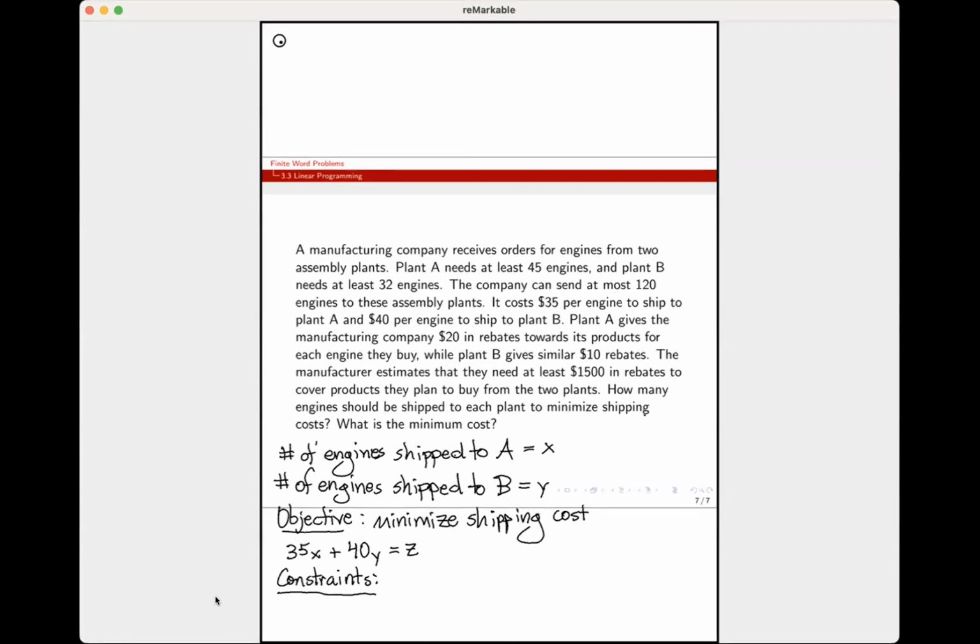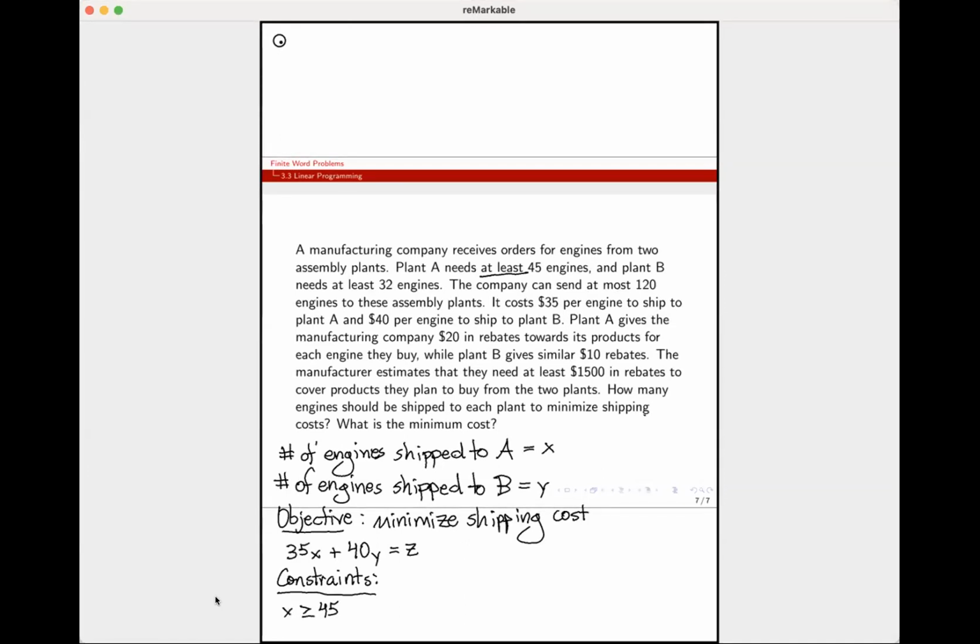Okay, so we're looking for those at most or at least statements. The first one I see is right here. Plant A needs at least 45 engines. So that means that X, which is the number of engines shipped to plant A, has to be at least 45. Plant A would be happy if it were bigger than 45.